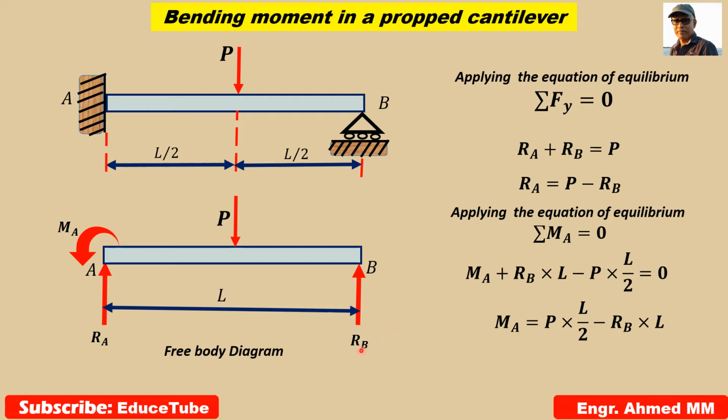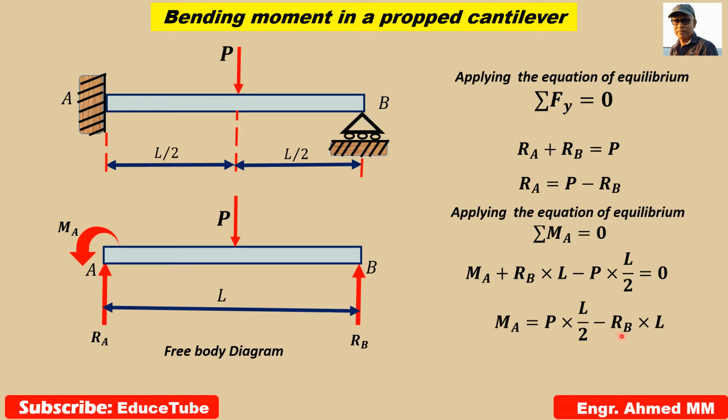But in case of load, as I am taking moment about this point, RB multiplied by L will be the moment for this point, so I am writing RB multiplied by L. This is anti-clockwise, I am taking positive. For P it will be negative, multiplied by this distance L by 2. So easily we can get the equation MA equal to PL by 2 minus RB L.